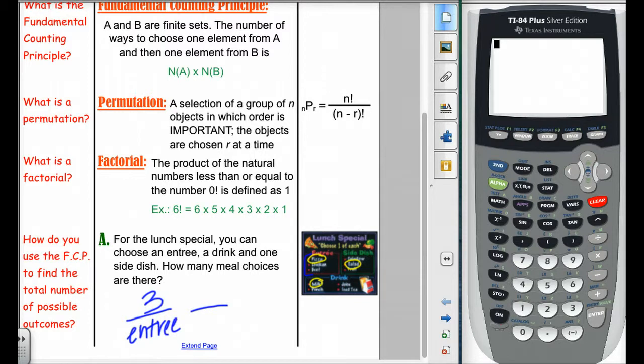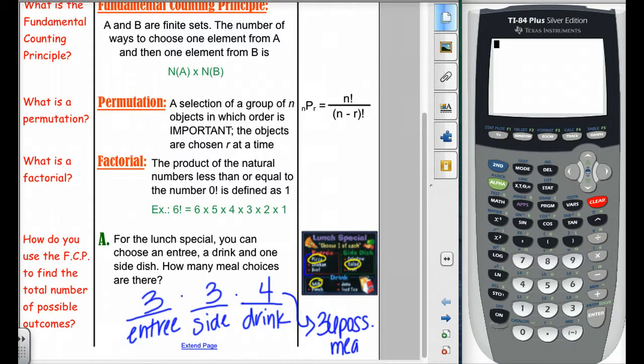And for my side, I have 3 possible options. And for my drink, I have 4 possible options. So I'm going to take these and I'm going to multiply them. And 3 times 3 is 9, 9 times 4 is 36 possible meals.